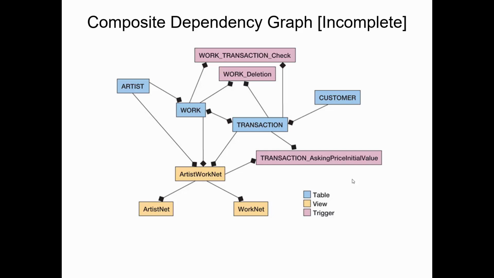Can you imagine what might happen if you make a change in the transaction table? If we make any changes in this one, what would that affect from the entities or the tables around it, or views or triggers?